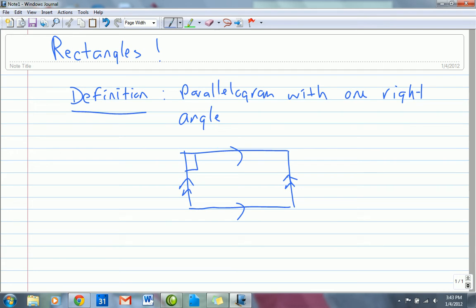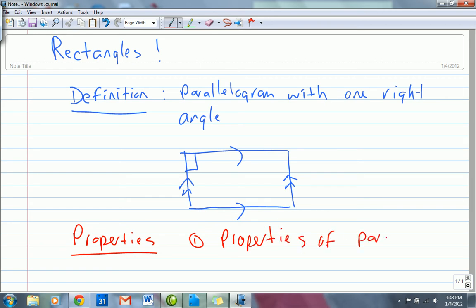Okay, and since it's a parallelogram, we have some properties to establish, and all the parallelogram properties are inherited because a rectangle is a parallelogram. So the diagonals bisect each other, opposite sides are congruent, parallel also by definition.